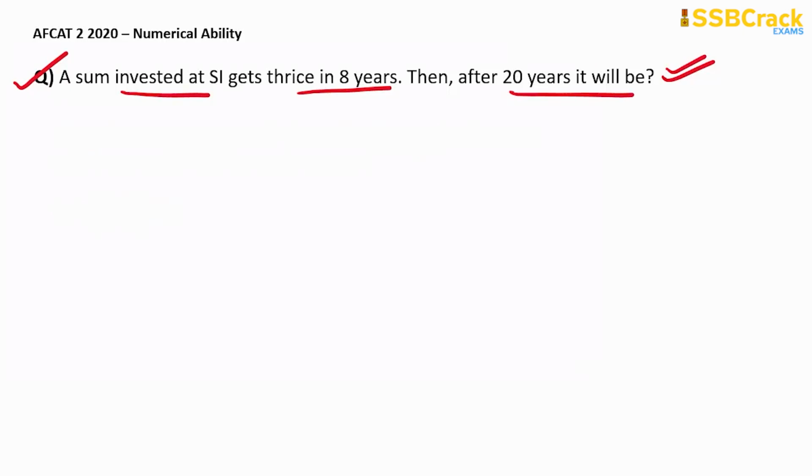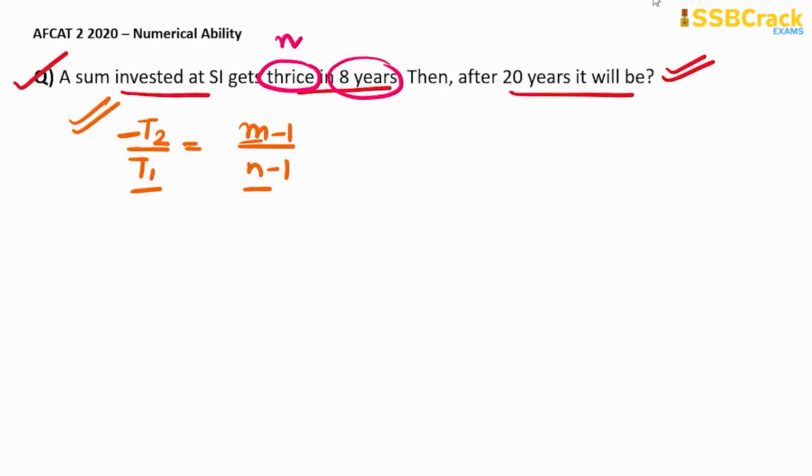So that formula is given by T2 by T1 is equal to (m minus 1) upon (n minus 1). So if the sum is getting n times in t1 years and m times in t2 years, then we can directly use this formula. Here we can see that a sum invested at simple interest gets thrice in 8 years. So here our n is 3 and t1 is 8 years, right?